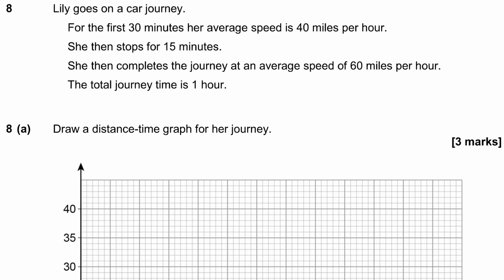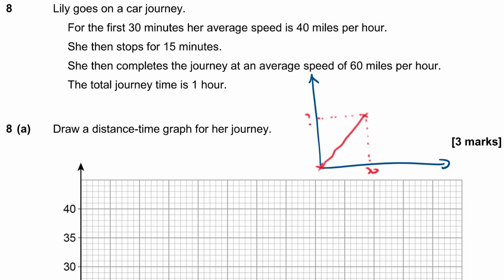Okay, so let's just quickly sketch, before we draw the graph properly, what we're expecting. So she's going to start at 0, 0, and she's going to travel for 30 minutes at an average speed of 40 miles an hour. Now, that should be a straight line section then, shouldn't it? Which takes us up to, well, we're going to have to work out what that height is here, aren't we?